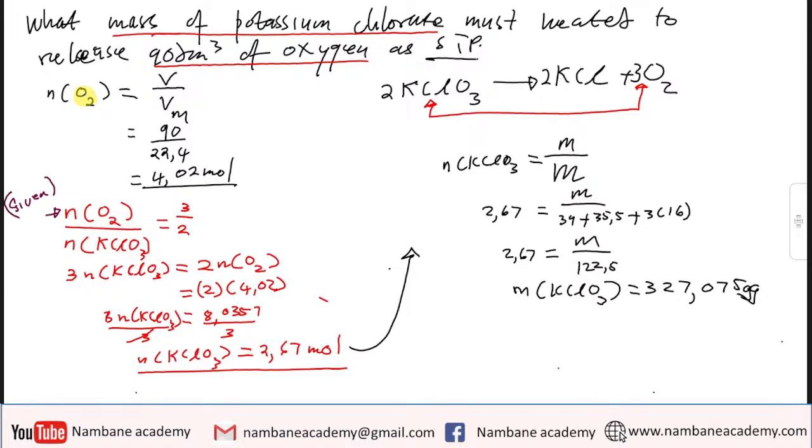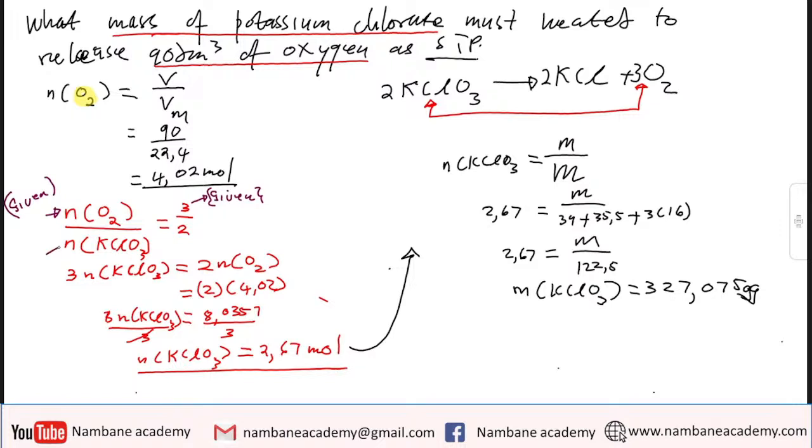The one that is given now is oxygen, and the molar ratio or coefficient of oxygen is 3. Hence, it relates now to the given. That is the first thing that I do to eliminate confusion about where the 2 goes and where the 3 goes. So I choose the given to be the one on top, as in the examples we did yesterday.